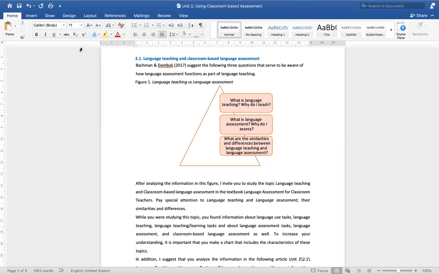So if you teach something in particular, the items that you prepare for assessment will be based on what you have taught in class. And so, although these concepts are different, at the same time they interact, one with the other.